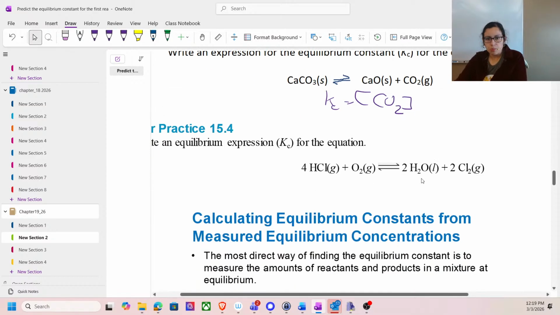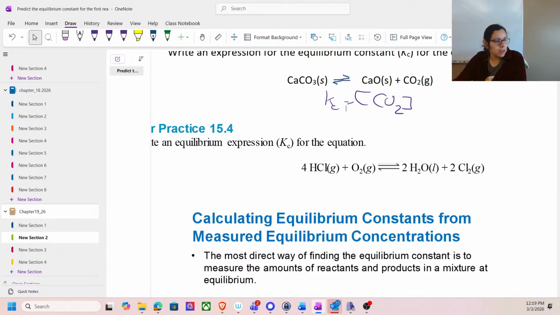All right, just try that again for this reaction. Four equivalents of HCl in the gaseous state plus oxygen in the gaseous state gives us water and chlorine gas.